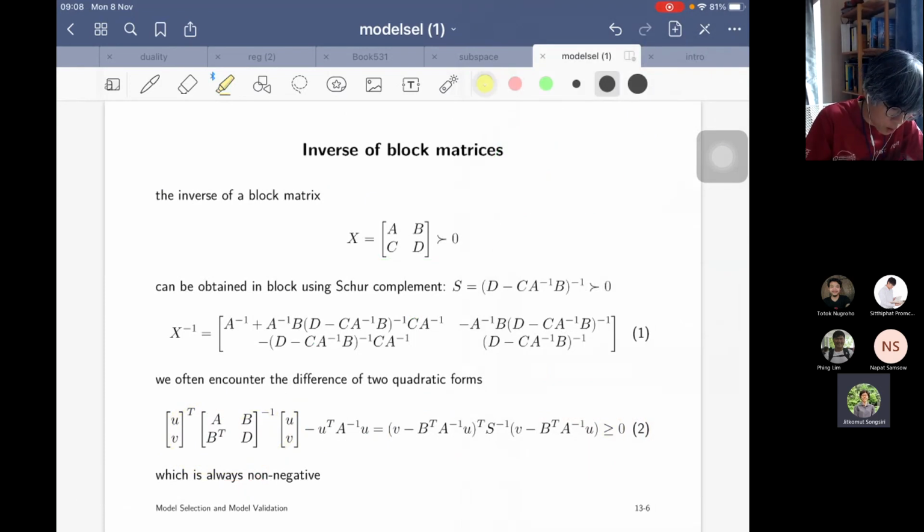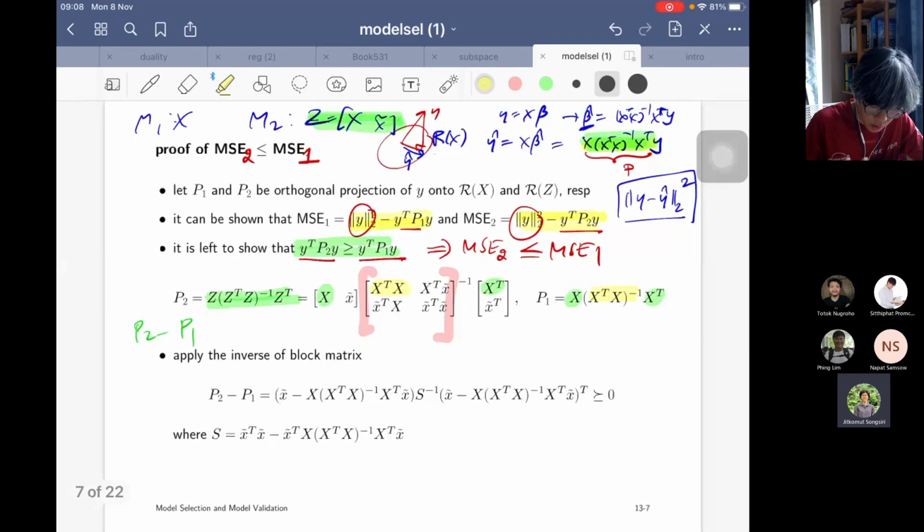You have a quadratic form in U and V, and then you subtract another quadratic form parameterized by A inverse, the one block. So I'm going to leave this as an exercise.